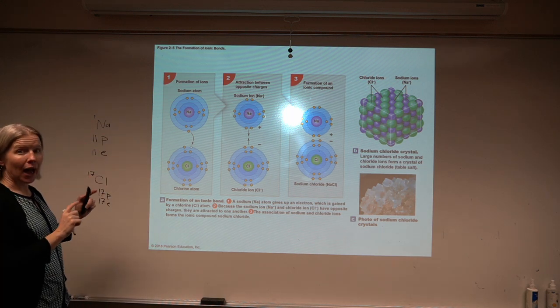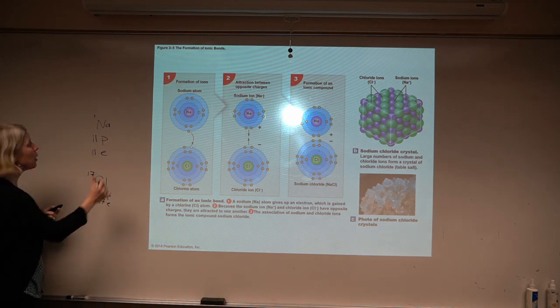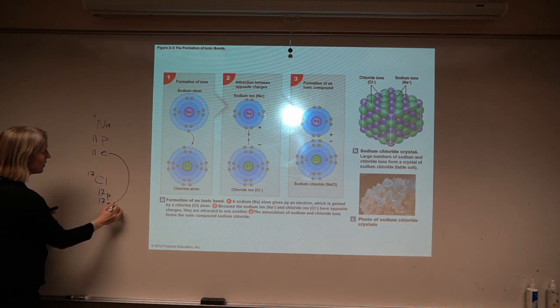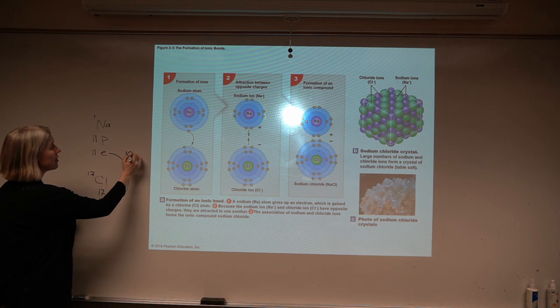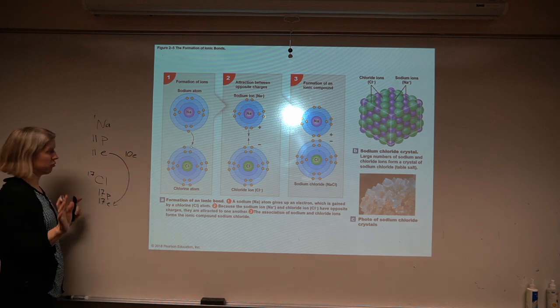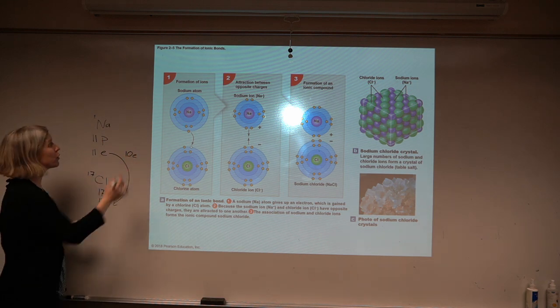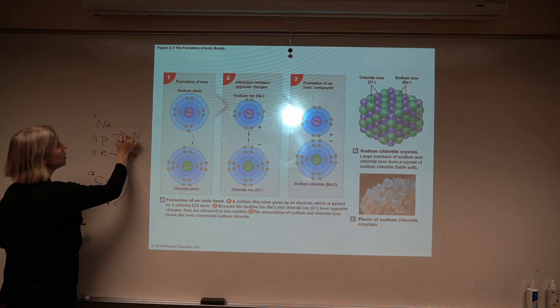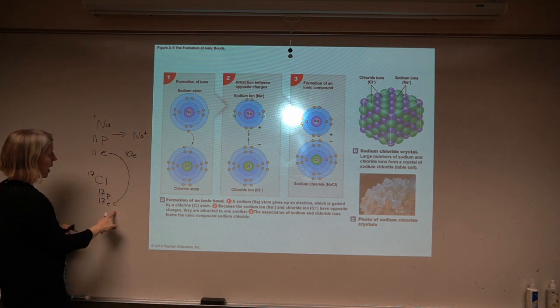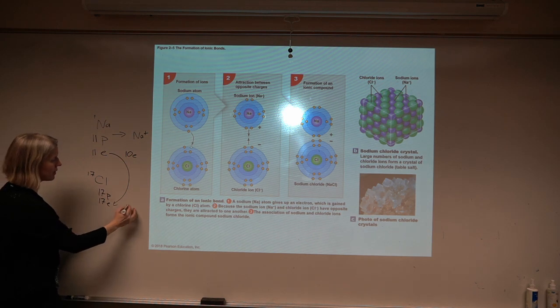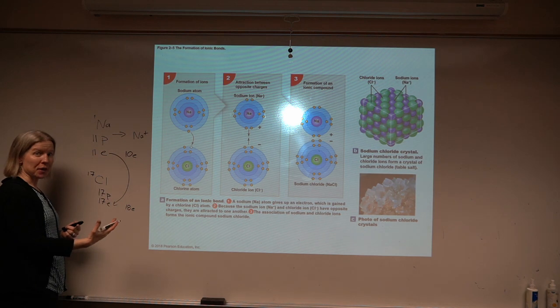And so what happens is these two hang out together because typically sodium is like, oh yeah, if I move down to 10 electrons, I have a full outer shell. I'm now going to be the cation sodium. And chlorine says, oh, well, this is easy. If I just had 1 more electron, I would be happy.